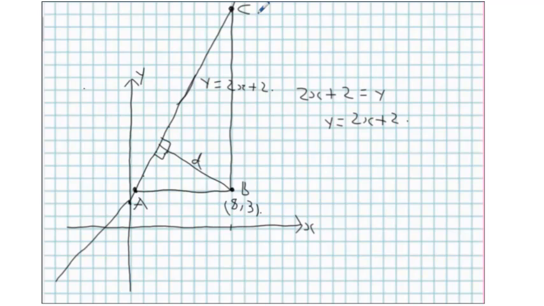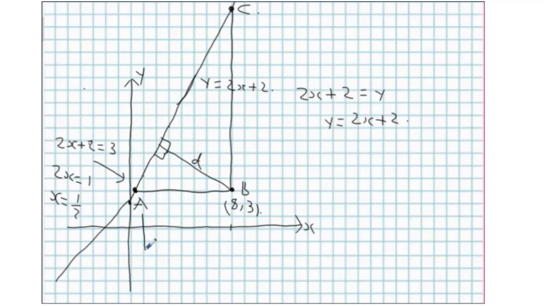So I need to know the coordinates of A and the coordinates of C. So the coordinates of A, remember it lies on the line y equals 2x plus 2, and it has a y coordinate of 3 because we have that horizontal line there. So this is where 2x plus 2 equals 3, just like that. So that must mean 2x equals 1, and x must equal 1/2.